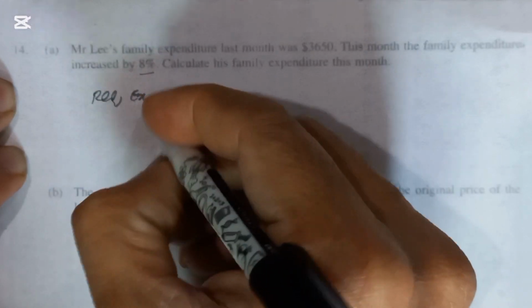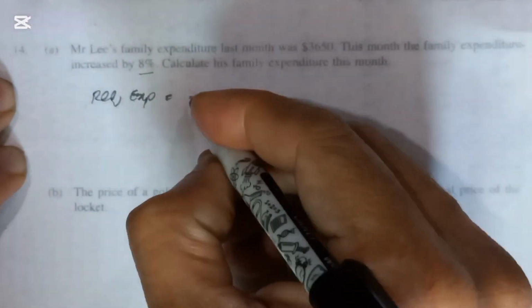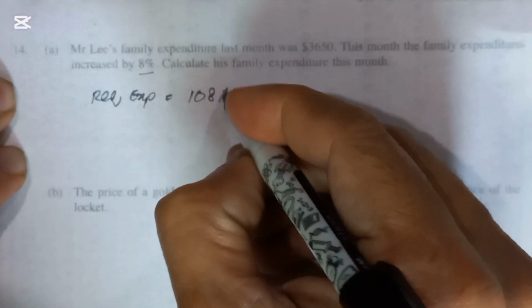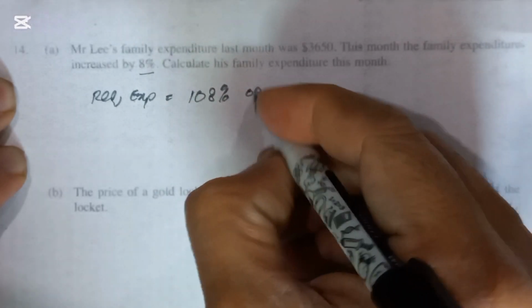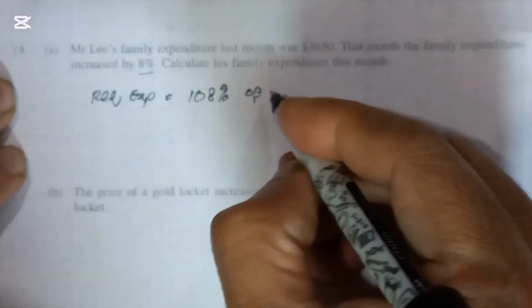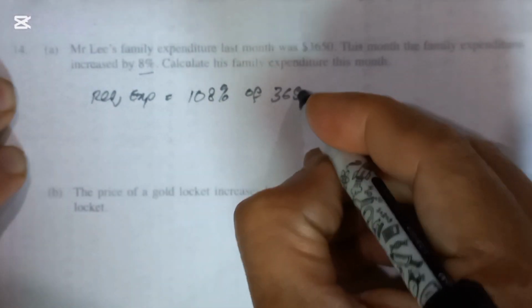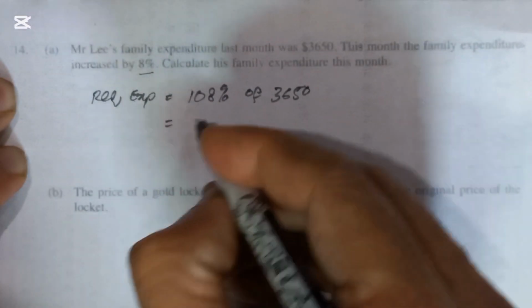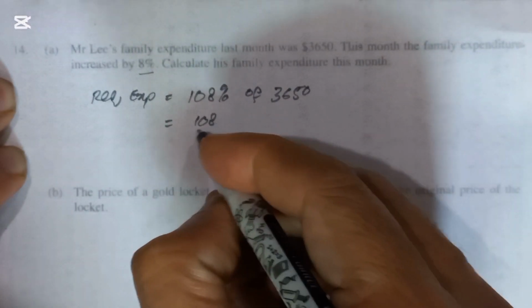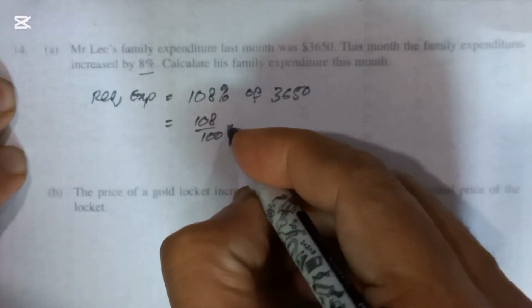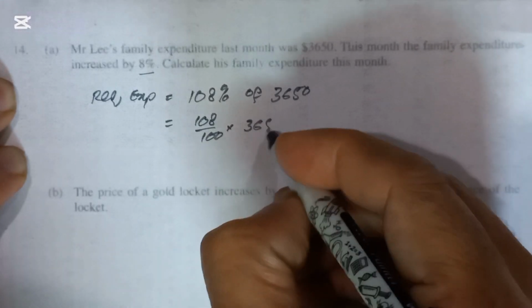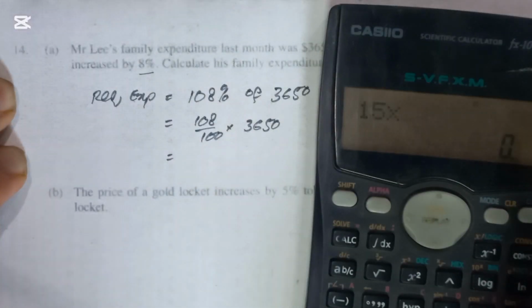expenditure should be equal to 108% of 3650. Now solve it. 108 divided by 100 multiplied by 3650. Solve it on the calculator.